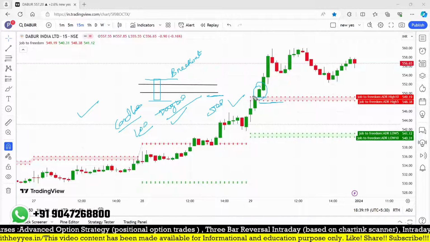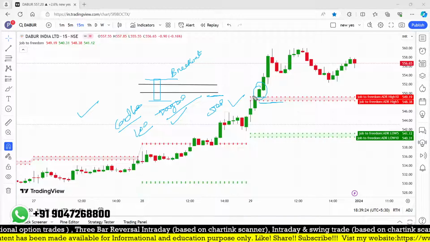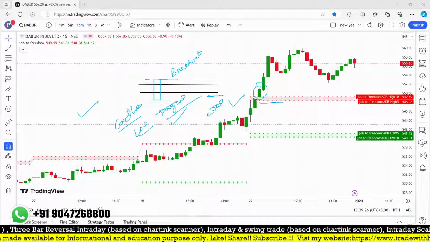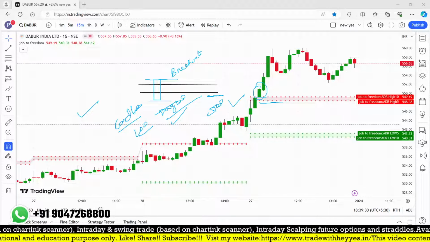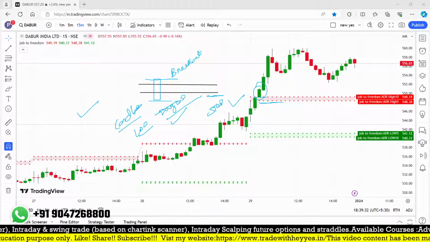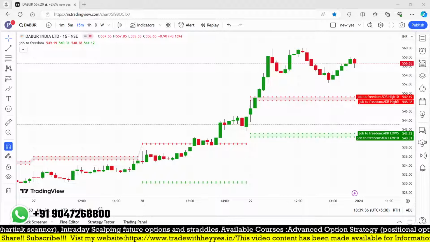If a stock meets the condition on this ADR scanner in charting, it helps me filter out or figure out the stock in the easiest way. Once I find such stocks, it is a very good opportunity, and whether I want to take the trade or not, I can decide later.